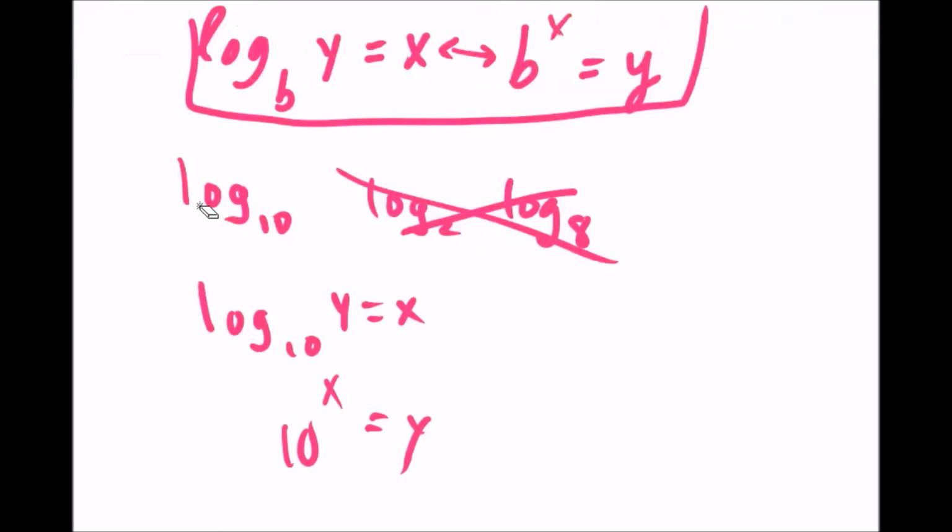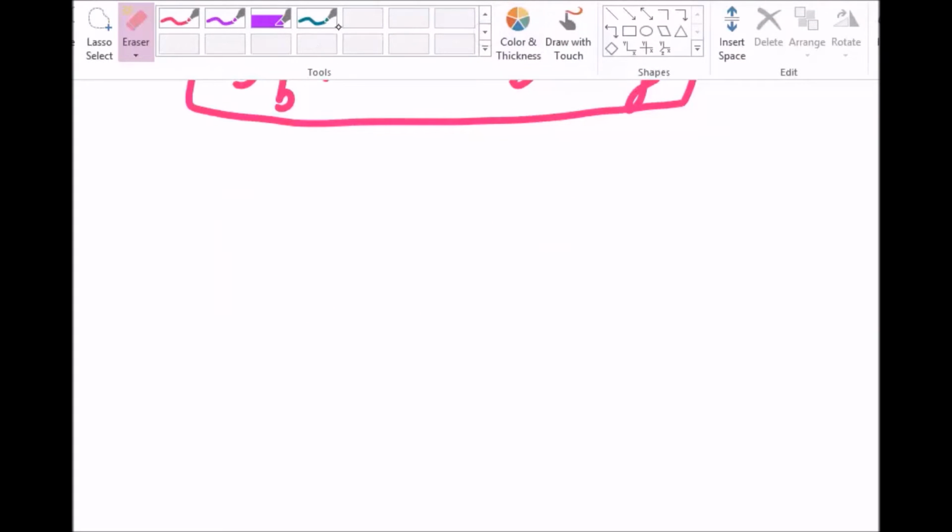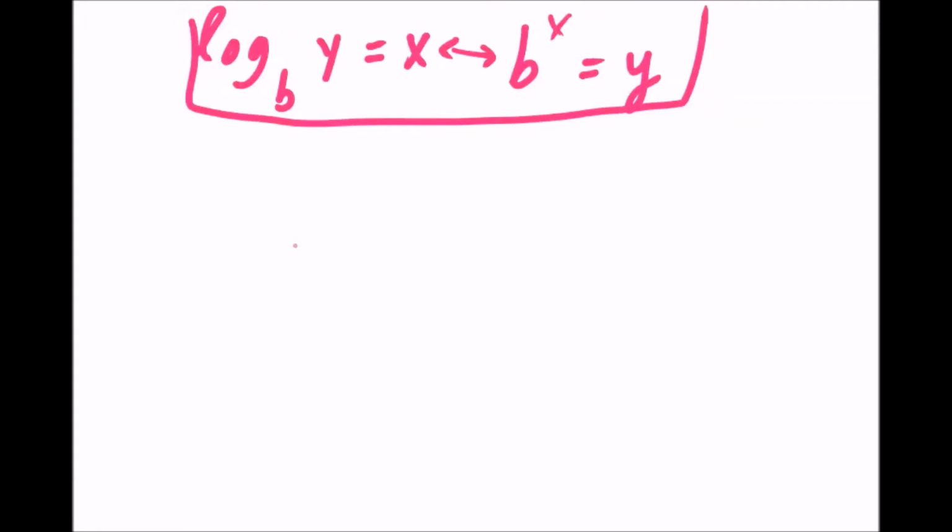There's one more type of logarithm that you need to know, and that is called a natural logarithm. A natural logarithm is ln, so L natural, the natural log of y equals x. Now, natural log has a special base.